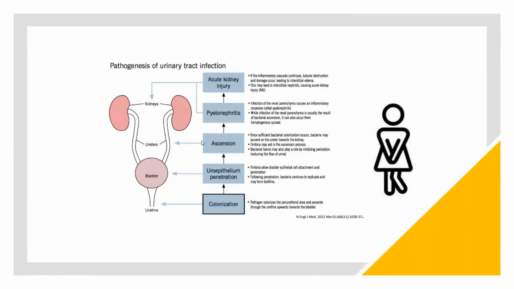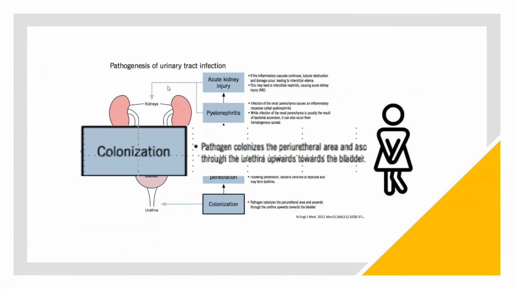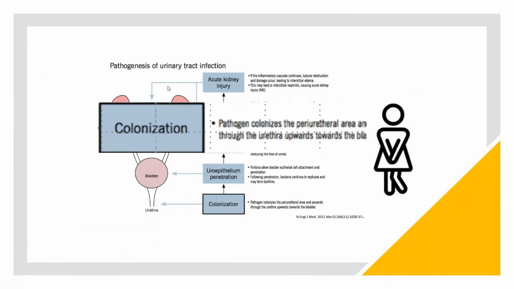We can see here the pathogenesis of urinary tract infection and how it may ascend from the colonization around the urethra and go up to the kidneys. Usually the origin of the colonization is from the area of the urethra, and it goes up, and the origin is usually from the GI system.